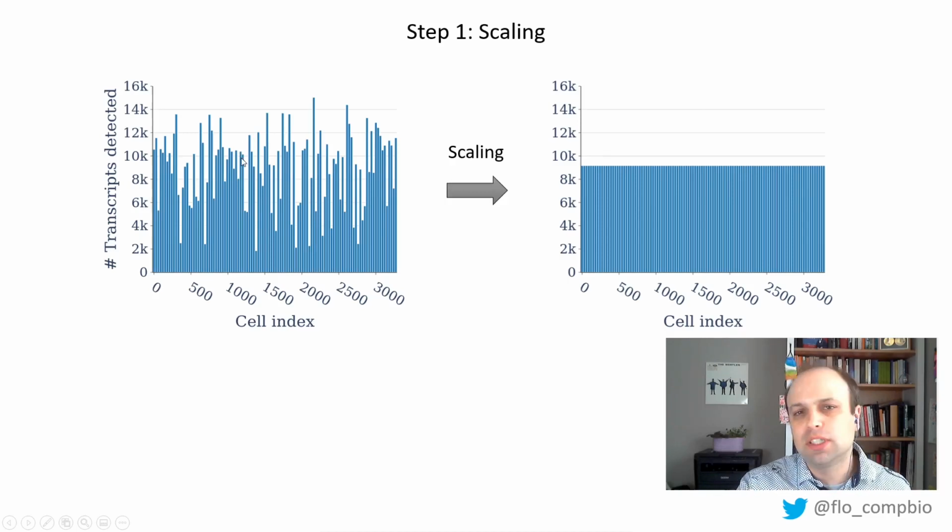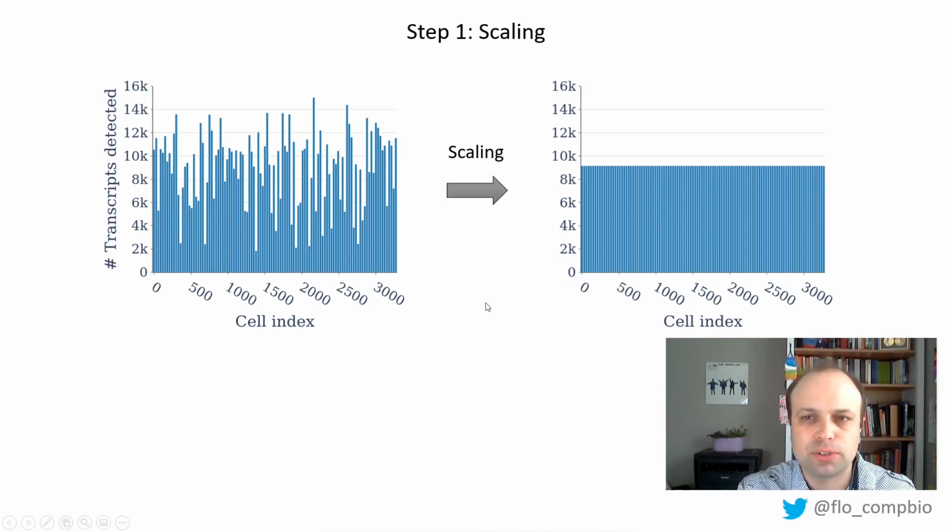It can just be that the chemistry worked a little bit more efficiently in one droplet than in the other, and so you get, let's say, twice as many transcripts detected in that droplet. And so the scaling step also gets rid of those differences. It goes a long way in removing what's called efficiency noise. So you basically kill two birds with one stone here. You convert to concentrations, and you also get rid of efficiency noise.